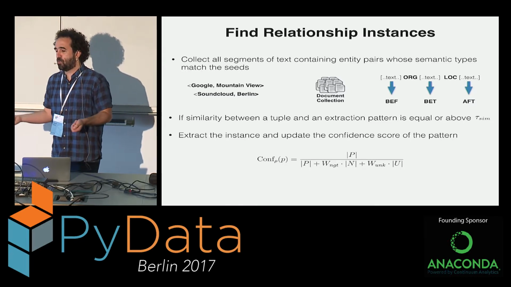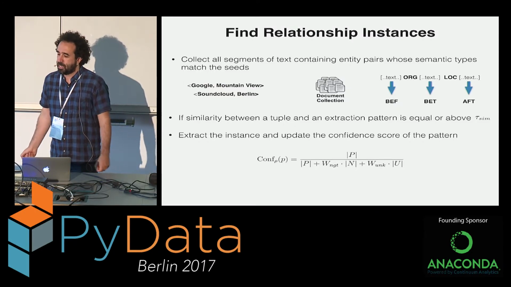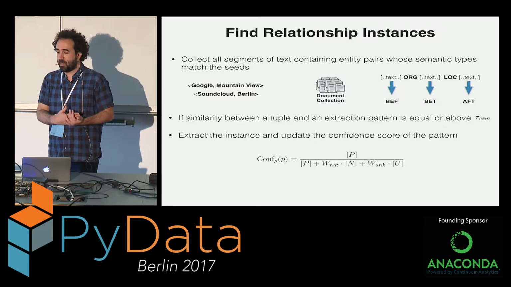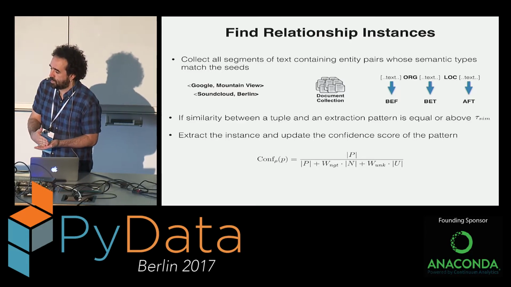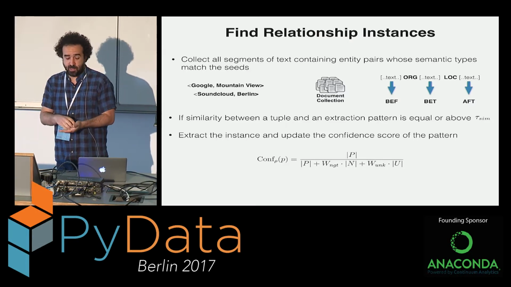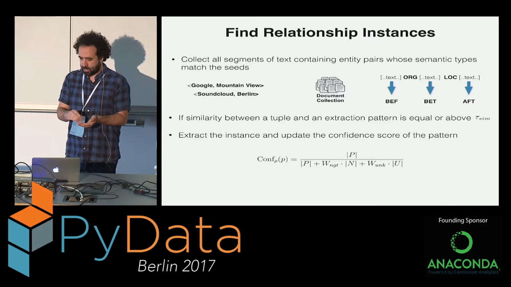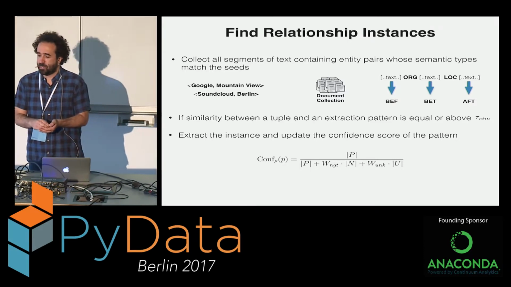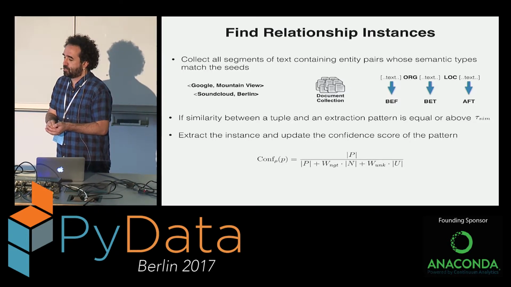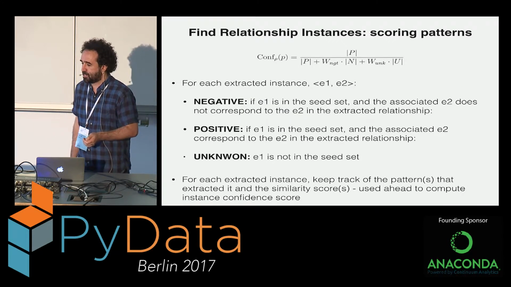So again, we look for contexts, we extract the textual context, we build the vectors as before, and then if the similarity with extraction patterns is above threshold tau-sim, we extract it. And then here we start taking care of what is called semantic drift. So we have a formula to update the confidence of a scoring pattern, which I will describe in the next slide.